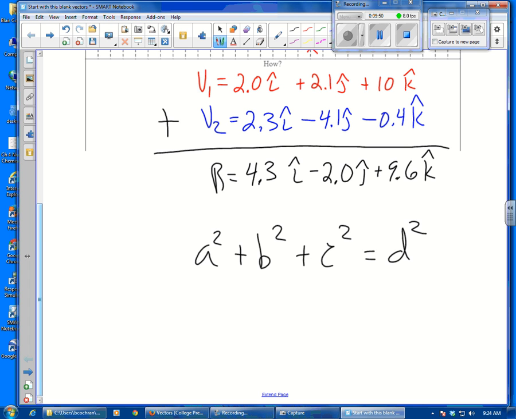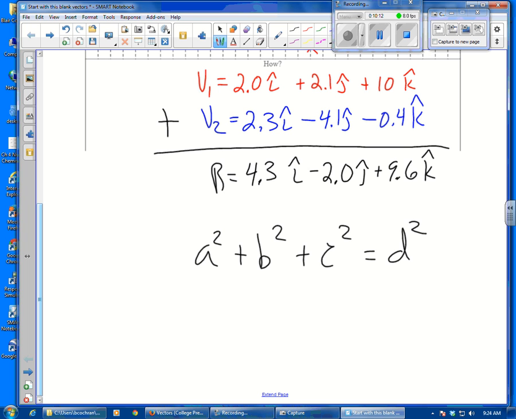Where 2D Pythagoras had 2 legs of a triangle, this has 3 legs of two triangles that are joined. This is on your equation sheet. Whenever they say find the length of this three-dimensional vector, and you know the components, you use 3D Pythagoras to do it.